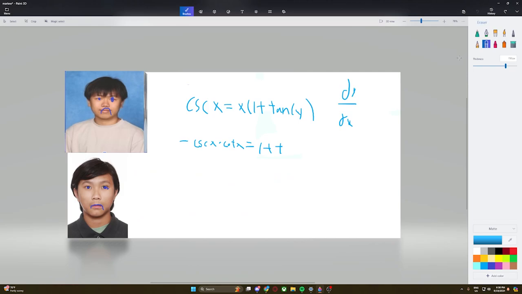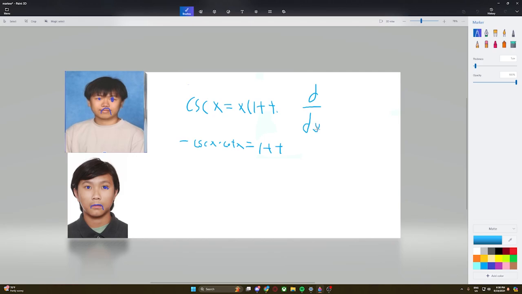It's pretty simple. The rule is, when you're deriving by some variable, if it's x, then you put the variable of the function inside here, y. If it's a d over dx and there's a y, just put dy/dx, the derivative of the y function.